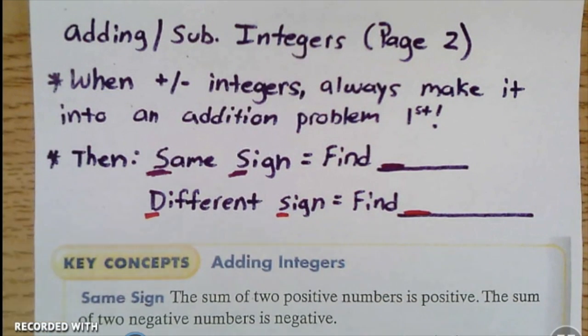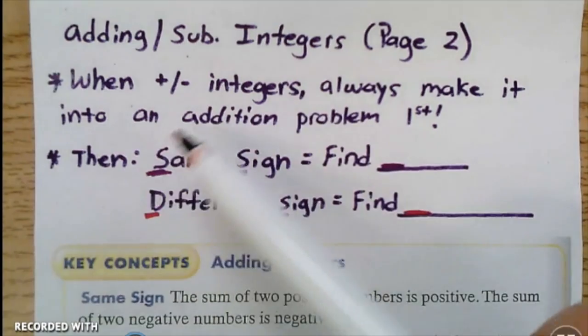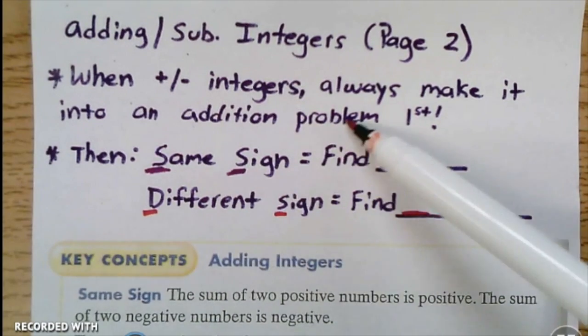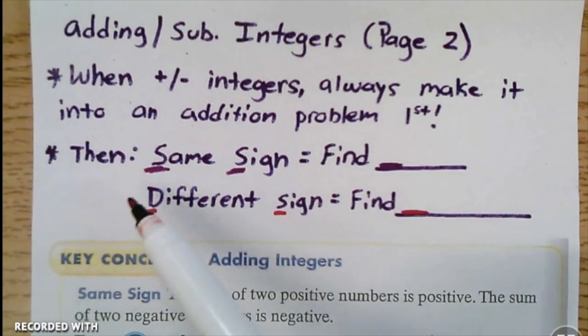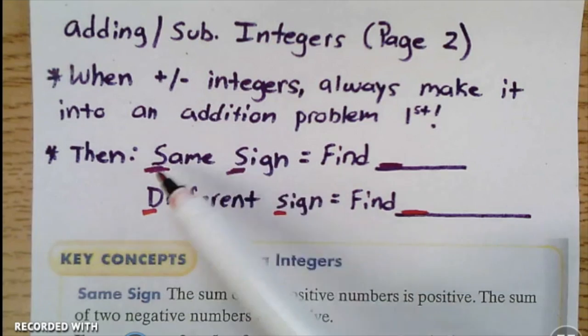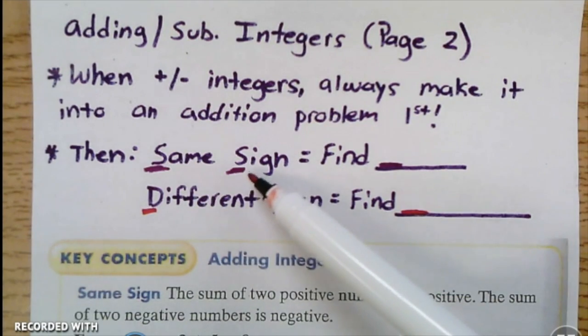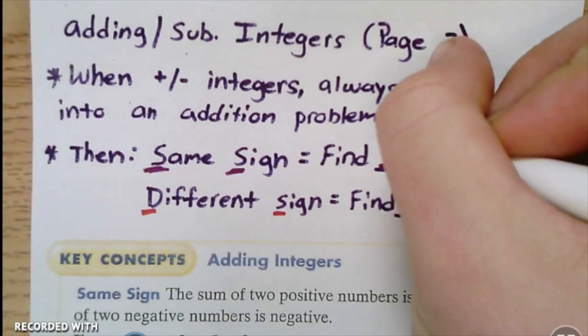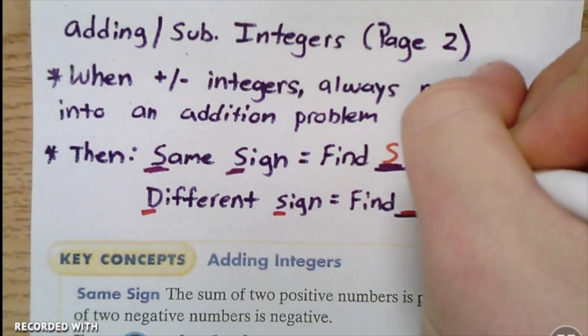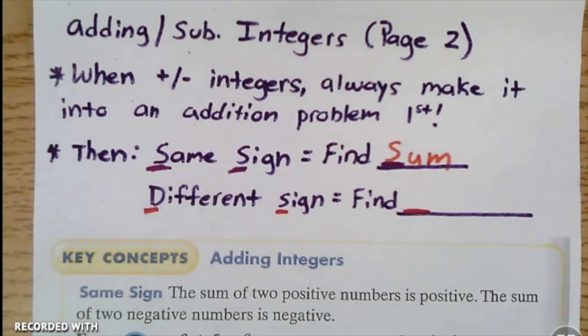So once you've made it into an addition problem, this is where it gets fun. When adding and subtracting integers, always make it into an addition problem first. So then, if they have the same sign, if they're both positive or they're both negative, find the sum. Same sign, find the sum.